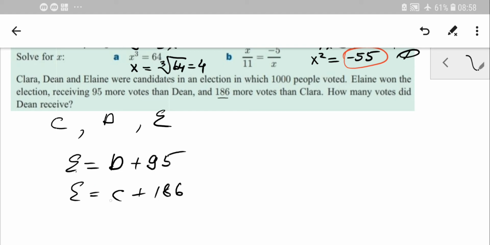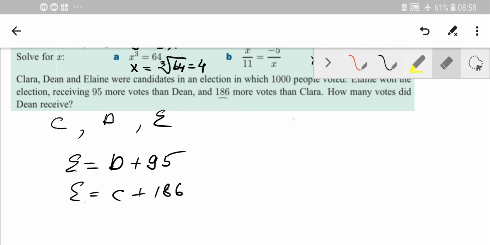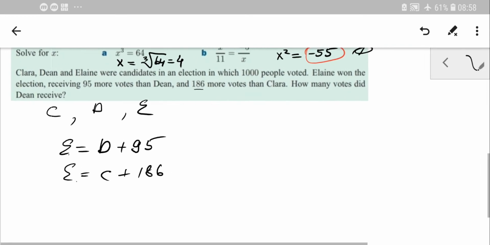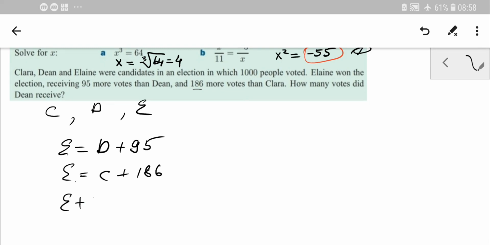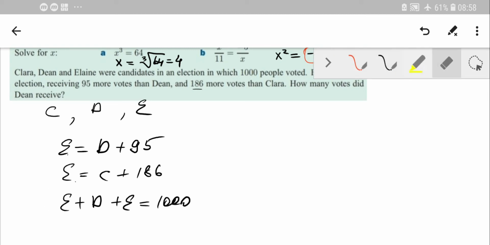So we have Elaine here, and we know in total Elaine plus Dean plus Clara is 1000. That's a system of 3 equations, because we have 3 variables and 3 equations.